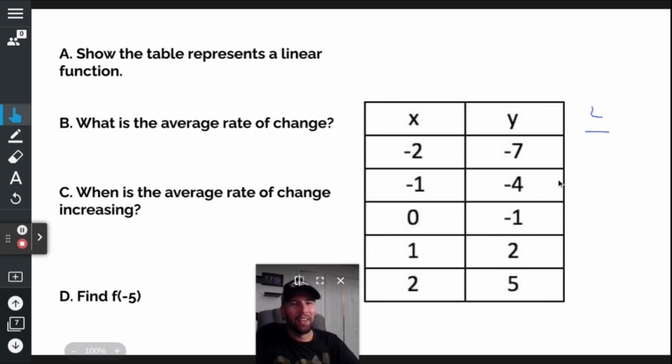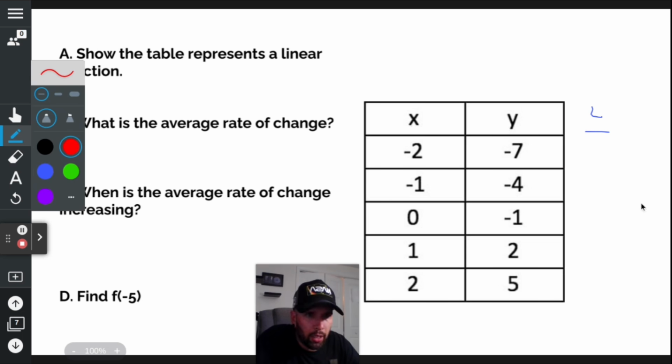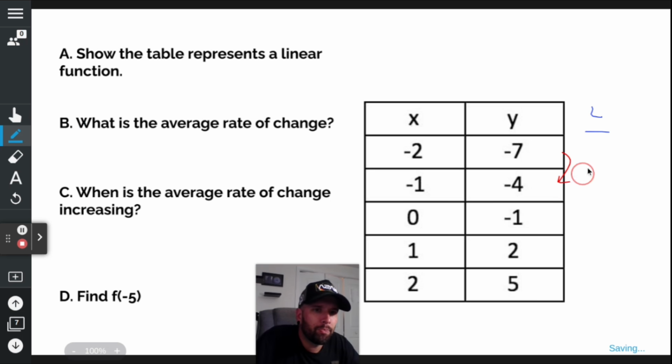All right, so what am I doing? I am adding 3, adding 3, adding 3, and adding 3.